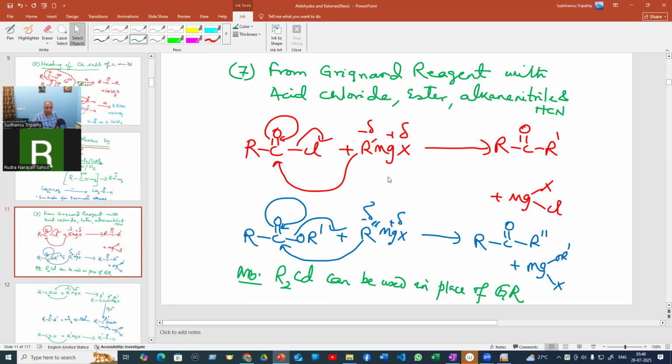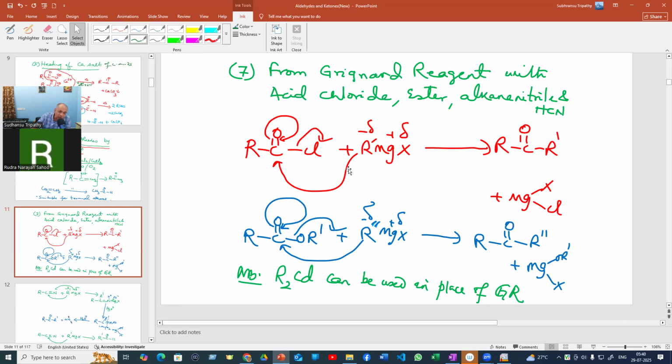So if you take acid chloride, we will not study the mechanism. This will be acyl substitution. But once we are handling a carboxylic acid derivative, the substitution that chloride ion will have is different. So to show it in a shortcut way, I have shown two arrow marks at the same time: the Grignard reagent, the carbanion, will attack as a nucleophile, and in the first step the carbonyl will be polarized to O minus. Then in the next step it will come back again and Cl minus will go.